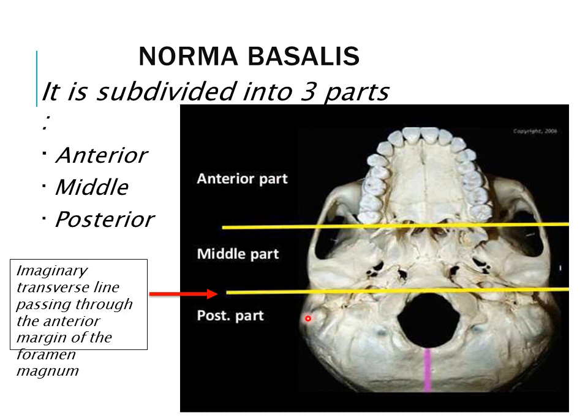One imaginary line passes through the anterior border of the foramen magnum, and the other passes through the posterior border of the hard palate. These two imaginary lines divide the norma basalis into anterior, middle and posterior parts.